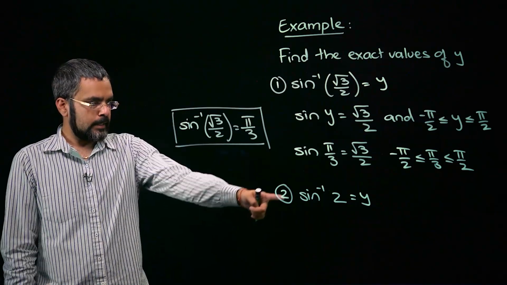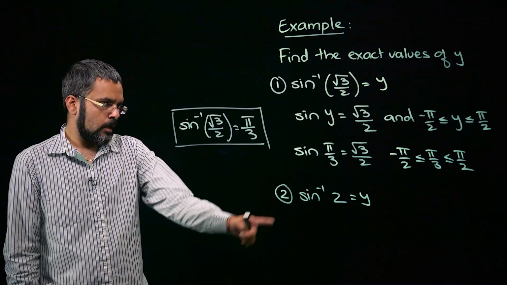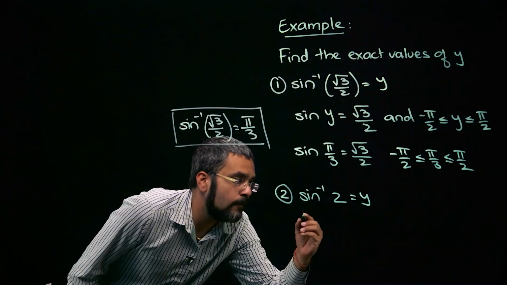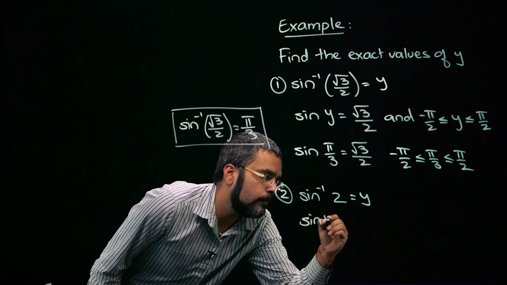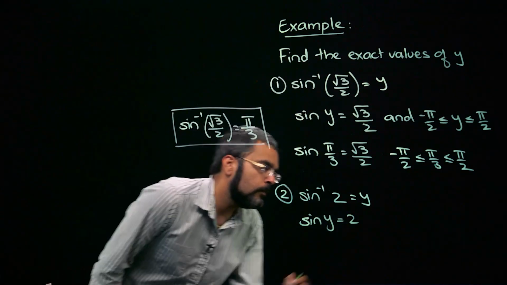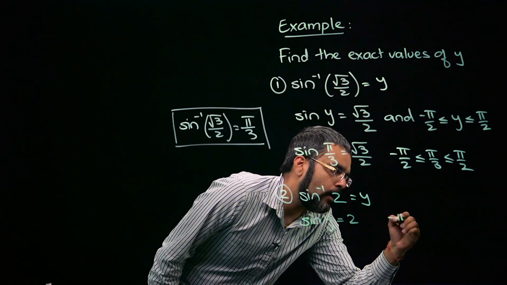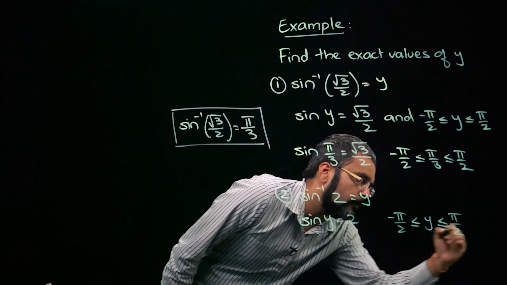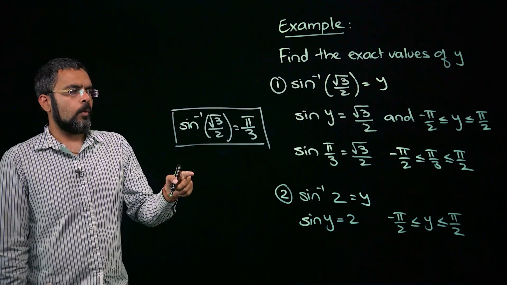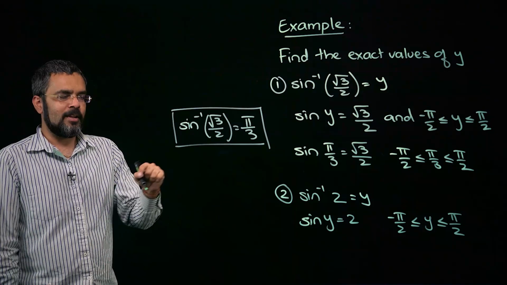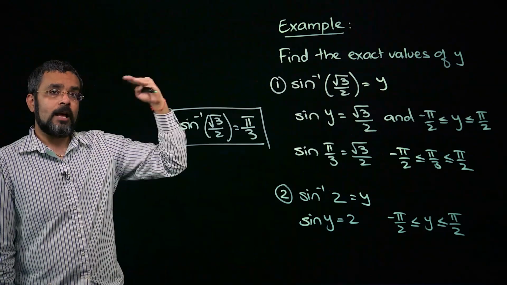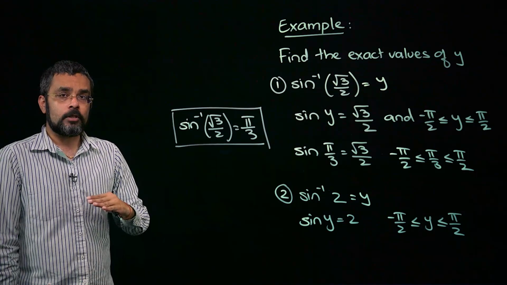Okay. Now let's take a look at the second one. If sine inverse of 2 equals y, this means we have sine of y equals 2, where negative pi over 2 is less or equal to y less or equal to pi over 2. But the question is, is that possible? If we remember, the maximum value my sine function could take was 1, and the minimum value was negative 1.